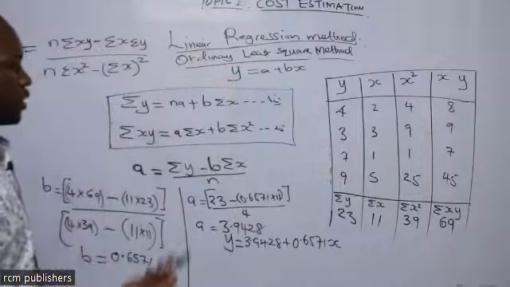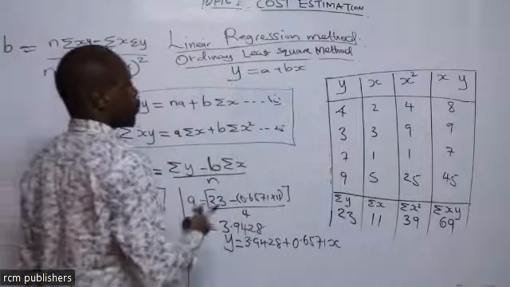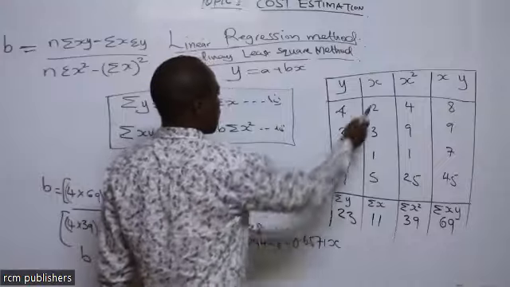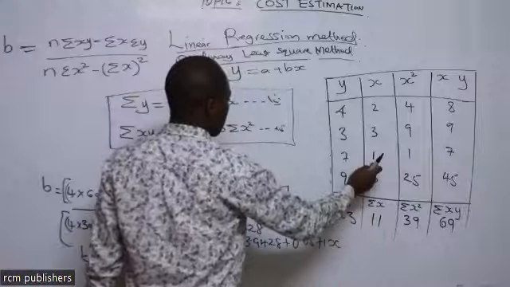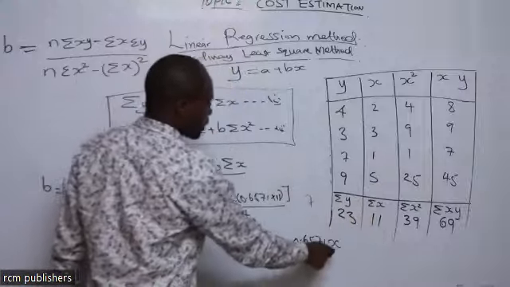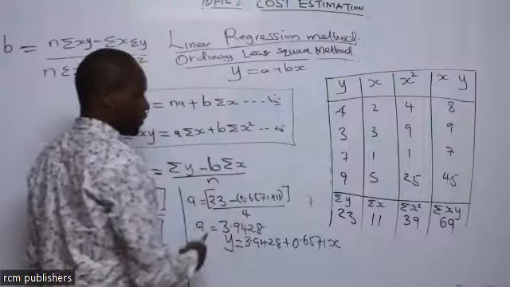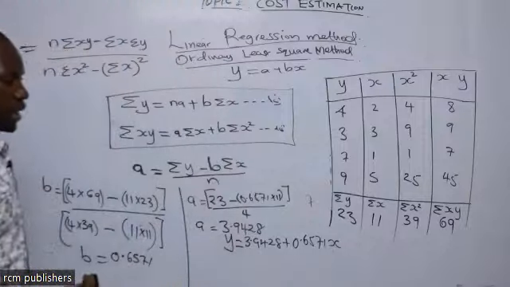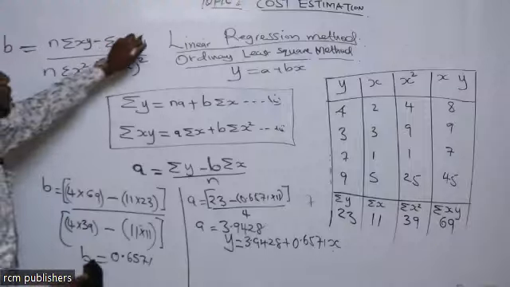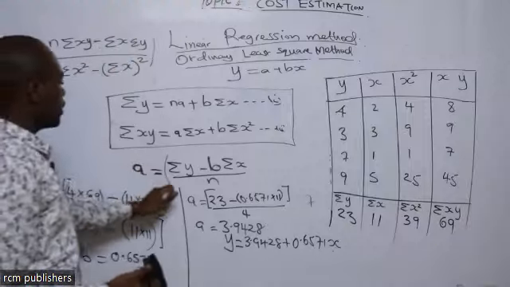So if you are told to estimate the total cost that will be incurred in the month of May, if the value of X here is 7, you simply come here and replace X by 7 to get the value of Y. That's all.